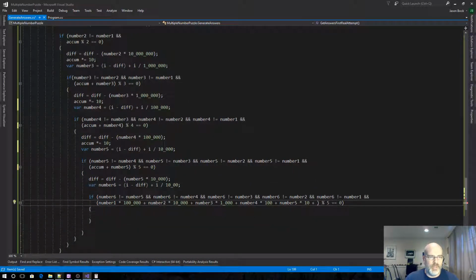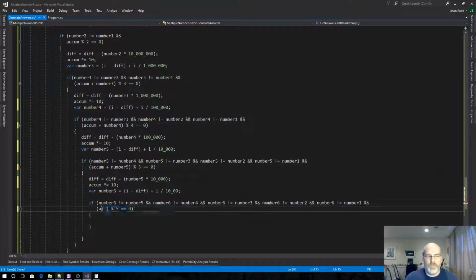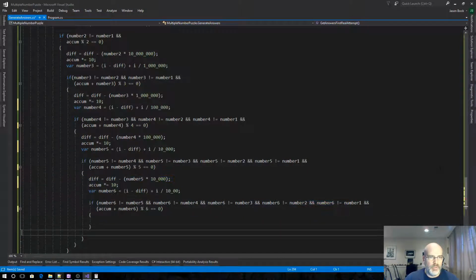Yeah, that's wasted calculations. All right, so, but I gotta remember, do that. Accum plus number 6 mod 6. This is a little bit easier to manage.